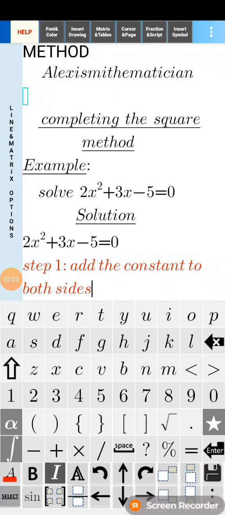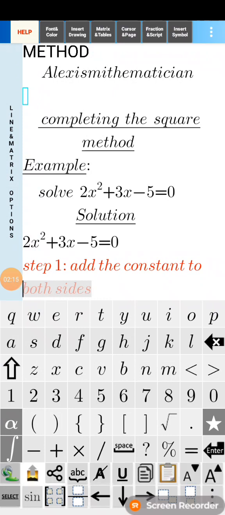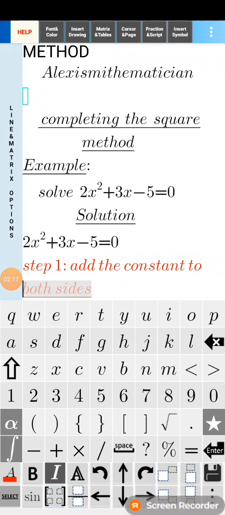Now let me underline that, because of the work I have here. Also, let me do the same thing here.